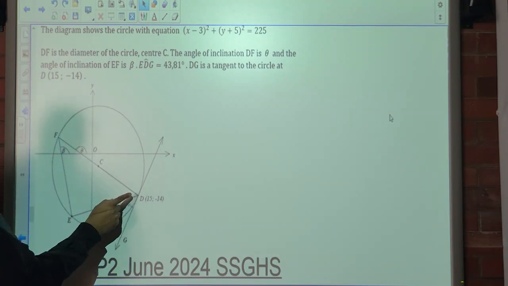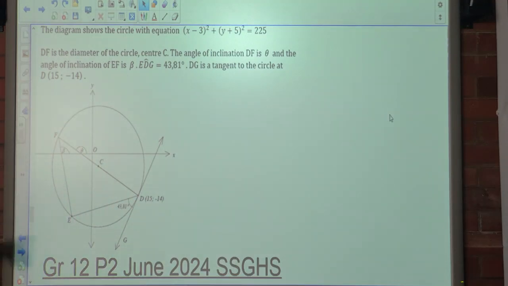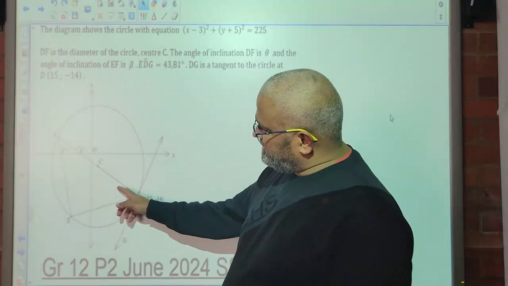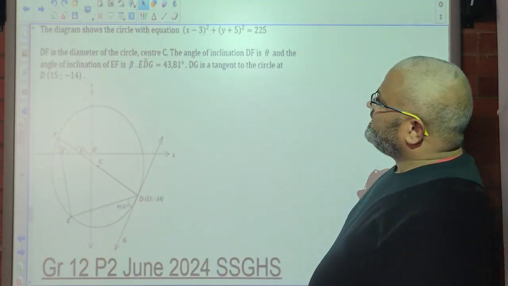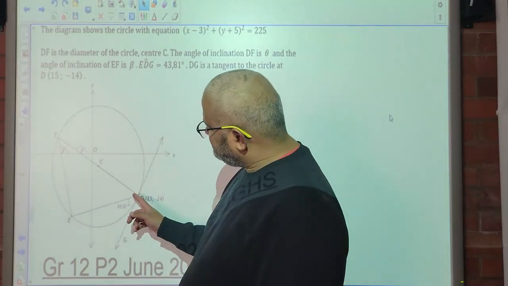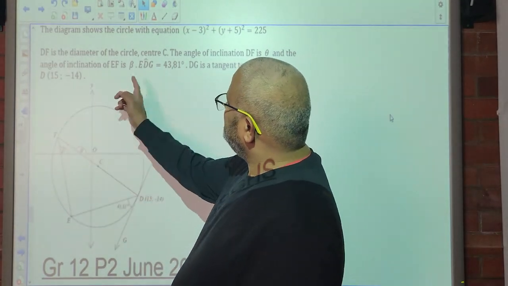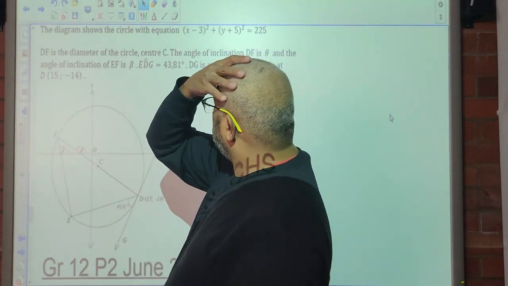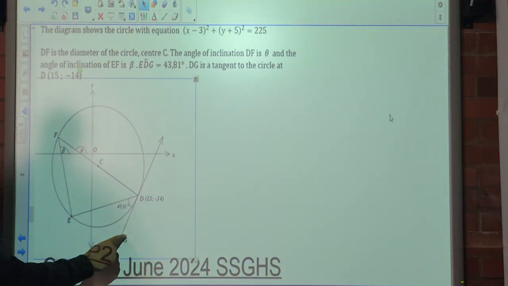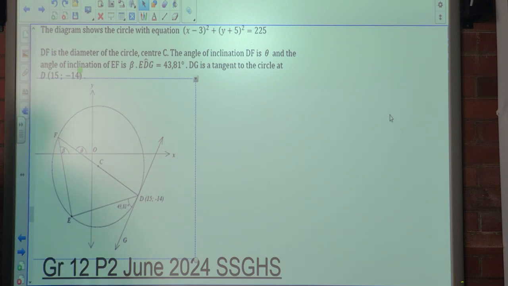So if DF is the diameter, what comes to mind? The angle is 90, not so? Why? Angle in a semicircle. Then we are told that the angle of inclination of DF is theta, so there is your theta angle there, and the angle of inclination of FE is beta. Then we are told that this angle EDG here is 43,81.